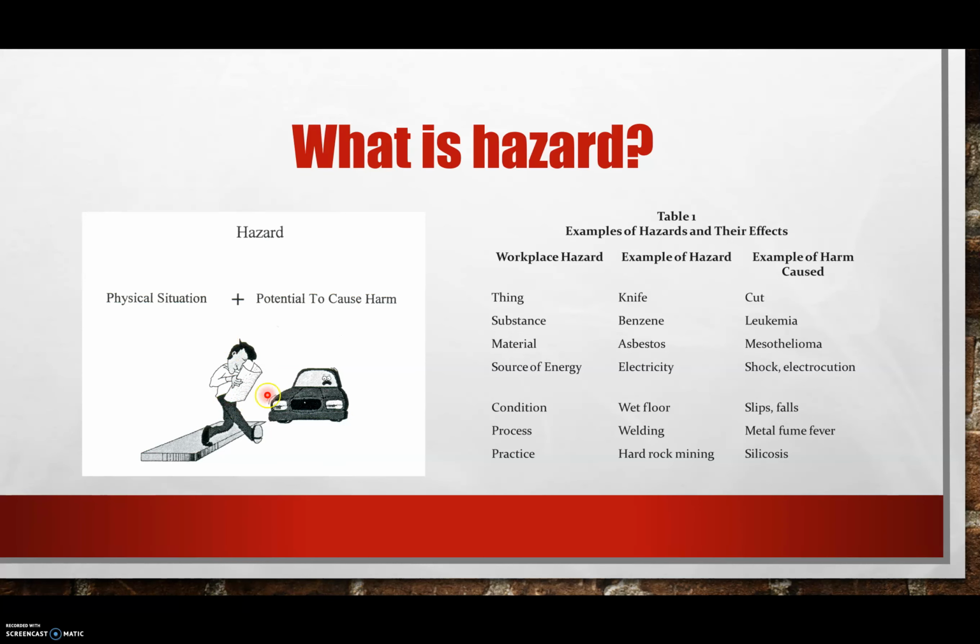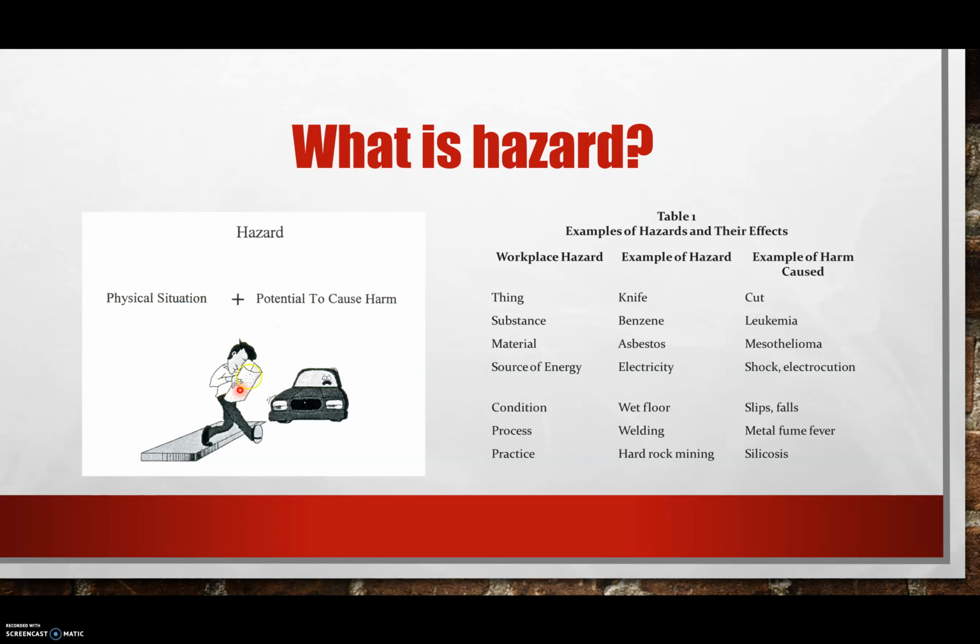Right now there are many people crossing the road while looking at their handphone, maybe reading Instagram or Facebook while crossing the road. So that handphone is a hazard.